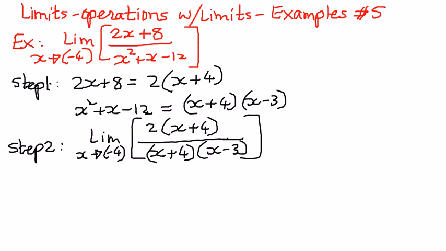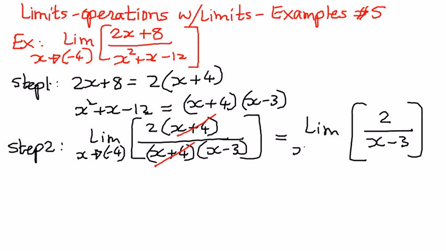Now, when we have common terms in the numerator and in the denominator, we can cancel them out. X plus 4 in the numerator, x plus 4 in the denominator cancels out. Therefore, this expression comes down to limit of 2 divided by x minus 3 as x approaches negative 4.